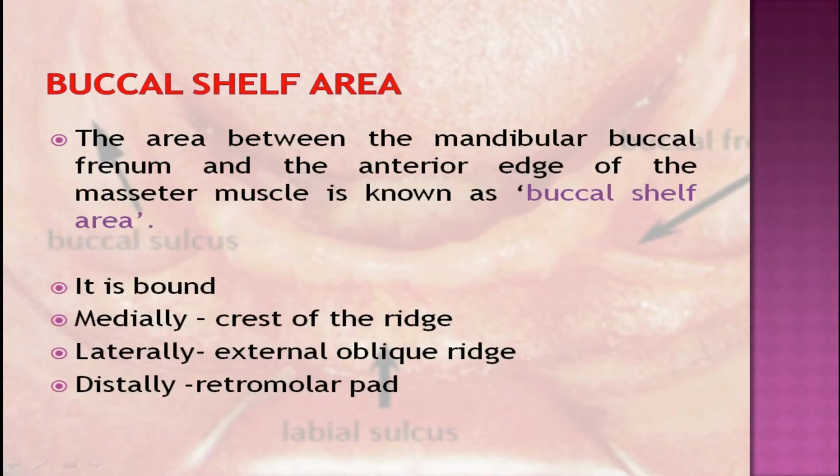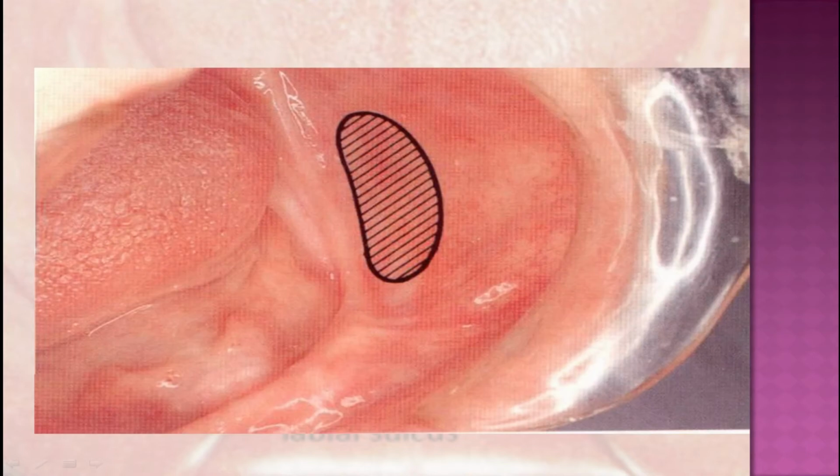Buccal shelf area. The area between the mandibular buccal frenum and the anterior edge of the masseter muscle is known as the buccal shelf area. It is bounded medially by the crest of the ridge, laterally by the external oblique ridge, and distally by the retromolar pad. According to the Syllabus of Complete Dentures by Charles Heartwell, the bone in this region is dense and covered by cortical bone.